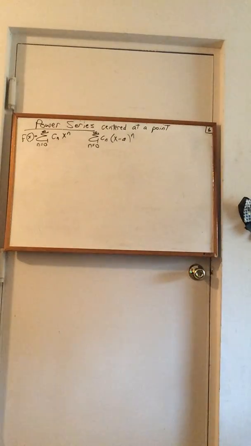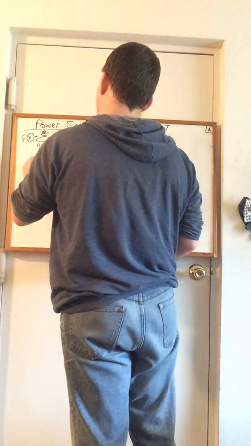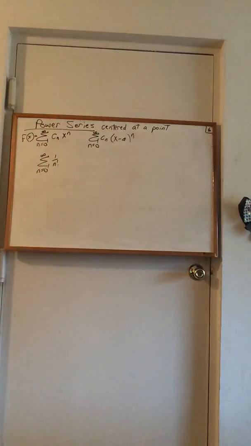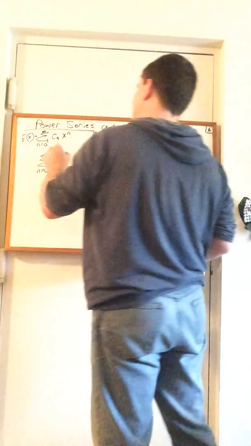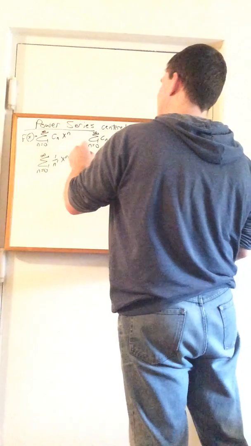Meaning, suppose we have this one. The series n equals 0 to infinity of 1 over n factorial x to the n. I want to determine convergence or divergence. I use the ratio test.